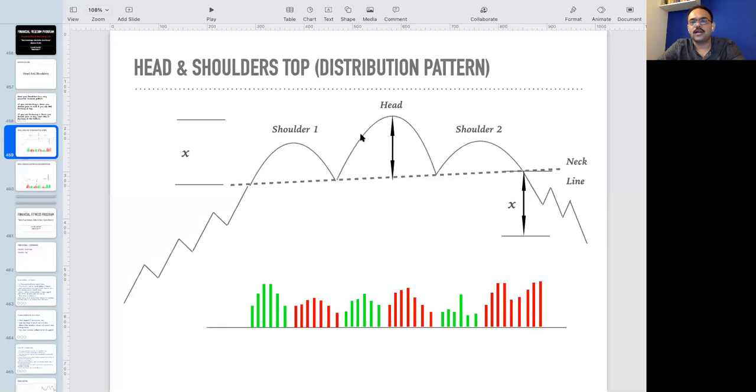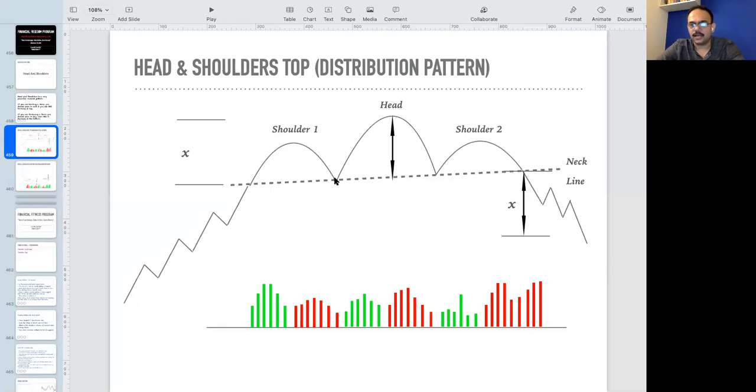Then the price will go up and form a higher curve. The head curve will be higher than the previous curve, and after that a lower curve will form. This lower curve is shoulder 2. The first curve is shoulder 1.